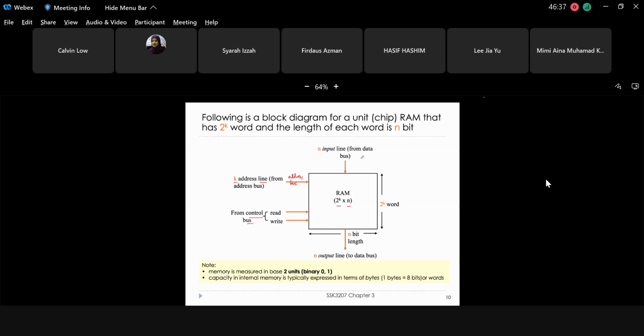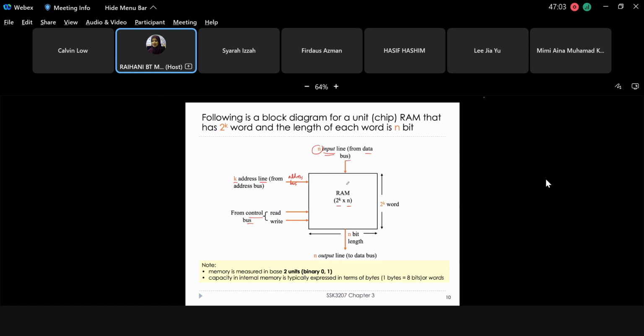In terms of input, it has n input lines from the data bus, because the data that you want to input into the RAM must be in n-bit format.